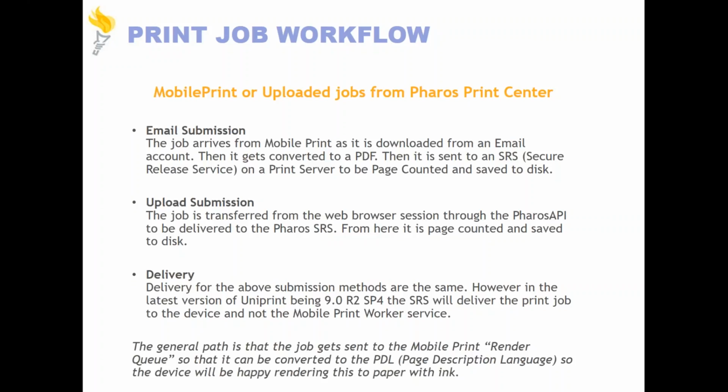the two important things that happen that are different is that email and upload jobs both become a PDF file. So for email, mobile print actually connects to the IMAP mailbox, the mail server, and through IMAP it downloads the email message, checks for any attachments that may be on the email message, separates those and saves those, and then converts each one to a PDF, portable document format.